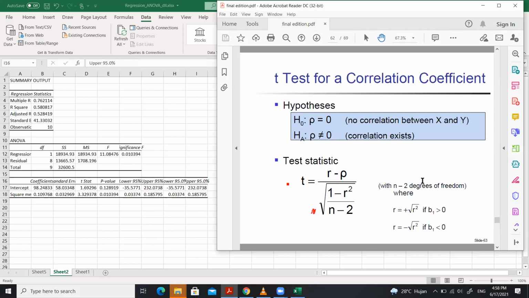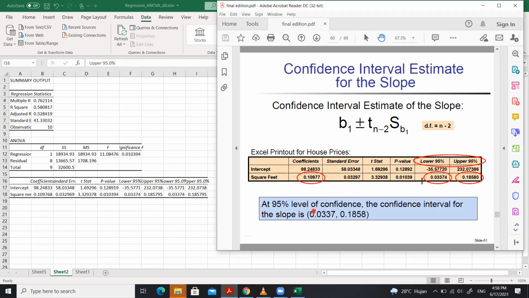Oh, there is no graph. So I will make a sketch for you. So in this case, for the t distribution, for 95%, so this is 95%. So in this case, 2.5% and this is 2.5%.